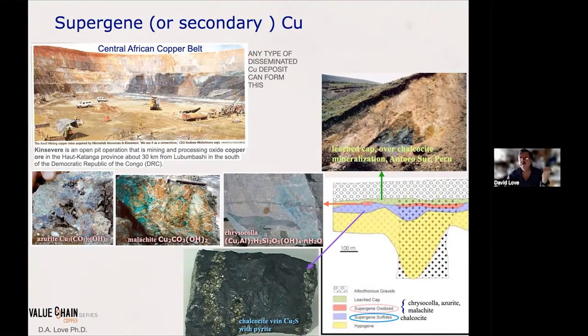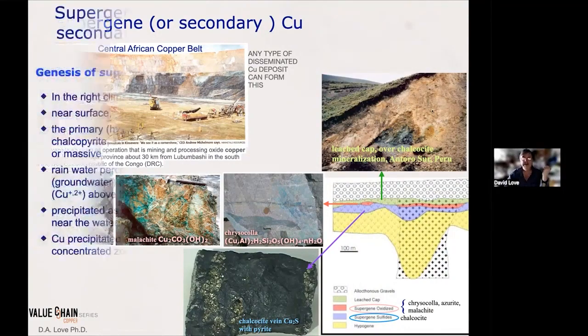Leached cap, rusty looking brown, yellow, or red rock, beautiful colored minerals. We call this the oxide zone. These are different carbonates and other minerals of copper in a slightly enriched zone below the leached cap. And then there's a very enriched zone beneath that of chalcocite, copper sulfide, which is richer than the original disseminated copper ore that got leached.